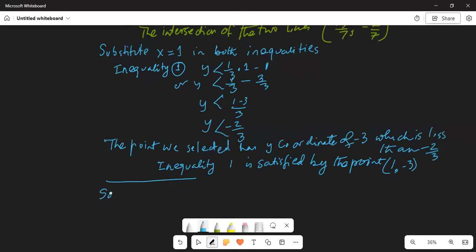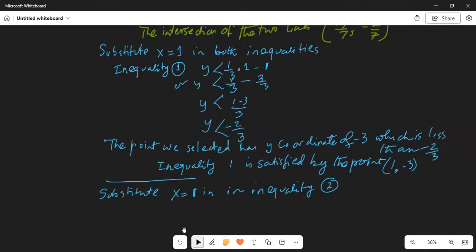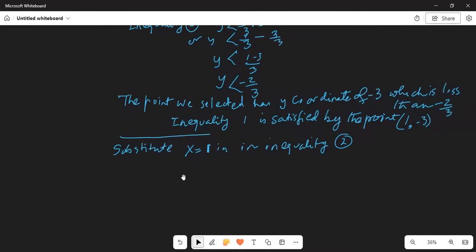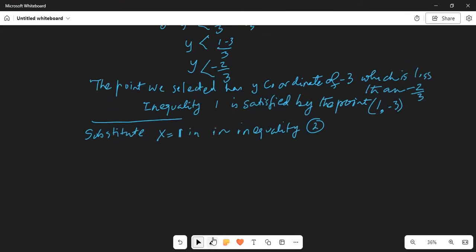Now inequality 2. We will substitute x equal to 1 in inequality 2, which is y less than minus 2x plus 4.